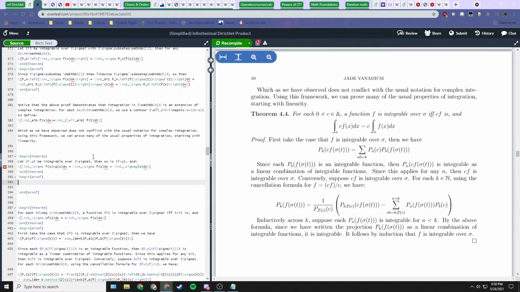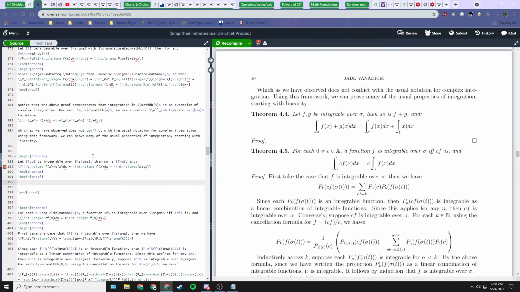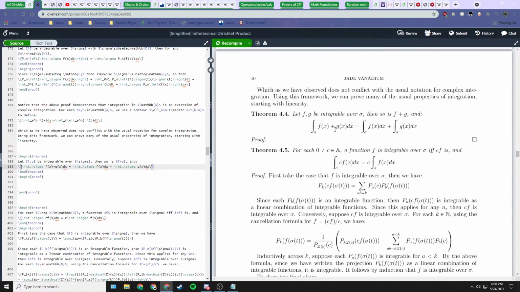We want to show if f and g are integrable over a contour sigma, then so is their sum, and also the integral of the sum is the sum of integrals.